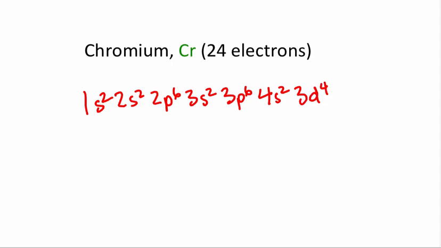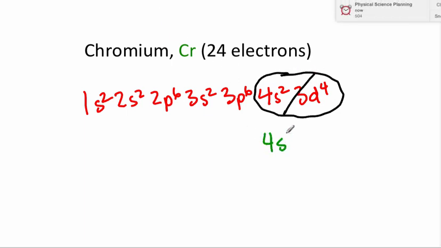We turn it in, we feel confident about it, and then your teacher says, no, no, no, I'm sorry, that part at the end, not right. In reality, it's 4s1, 3d5.